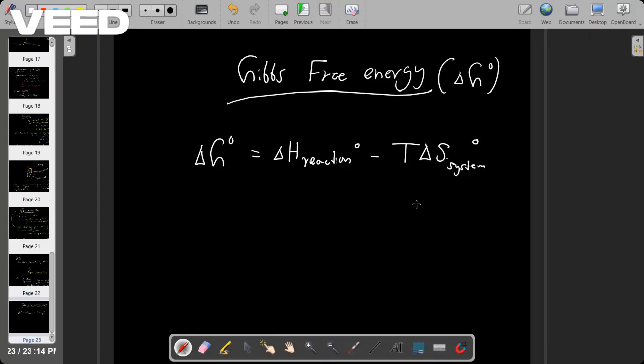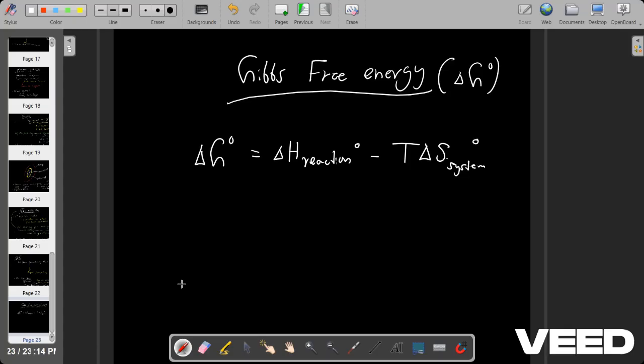Very easy. Temperature times the difference of entropy of the system. Now remember, what can you tell about the units?